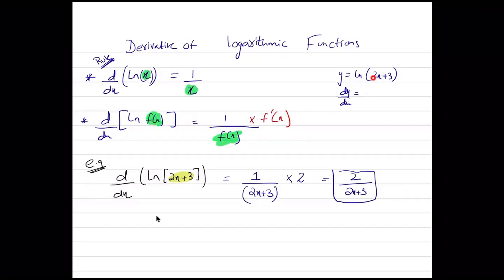So in this question, 1 upon 2x plus 3 times the differentiation of 2x plus 3, that is 2. So the outcome is going to be 2 upon 2x plus 3.